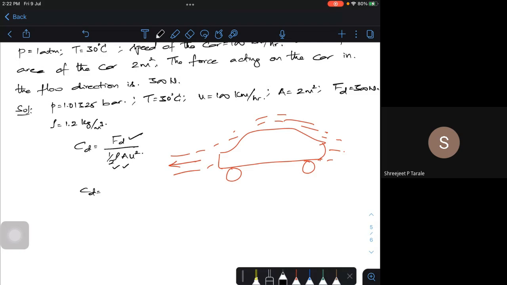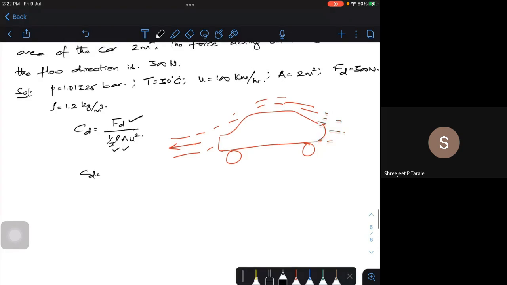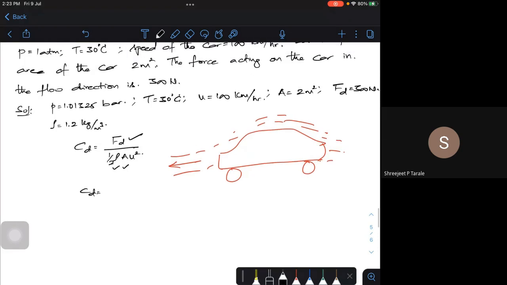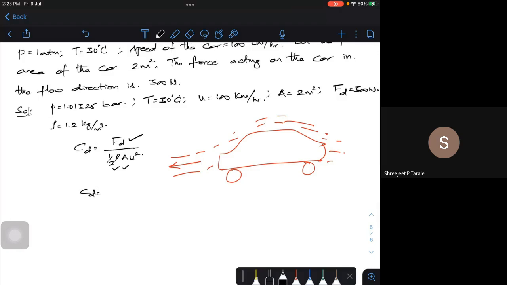Fine. So now, if I try to write a code, the inputs are the pressure, okay, no, the pressure is not required. The density, area, velocity, and drag force. So all four inputs you have to put in. Sometimes they won't give the drag force. Instead, they will give it in terms of shear stress.